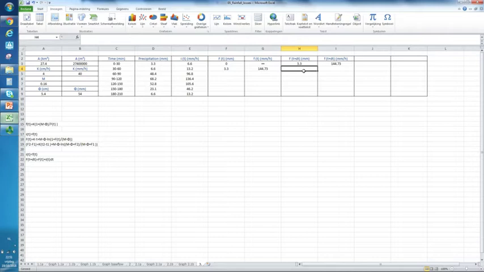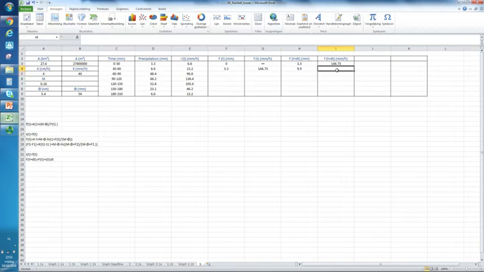We can calculate then again the tentative amount of infiltration at the end of the interval, so we take the amount at the start of the interval and we add the amount that actually falls during the interval. So we get an amount of 9.9.